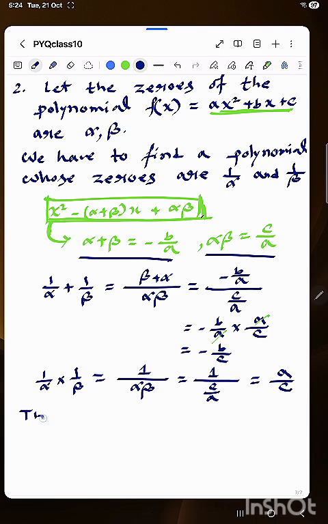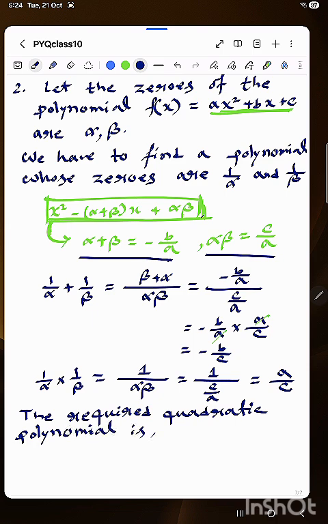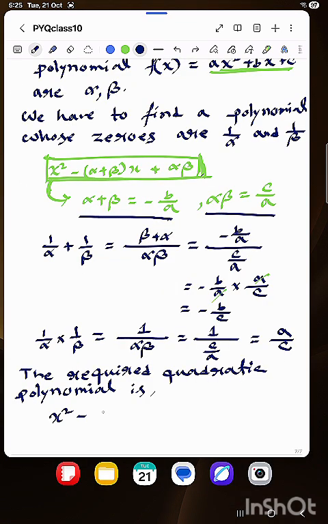So the required quadratic polynomial is x square minus (1 by alpha plus 1 by beta) x plus 1 by alpha into 1 by beta.